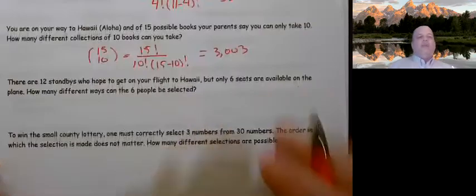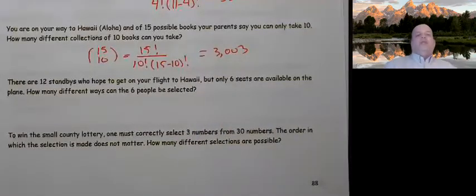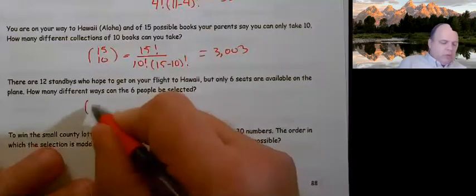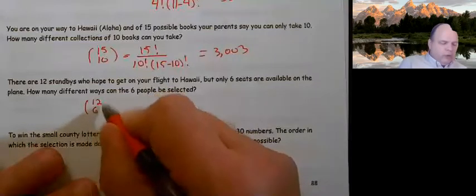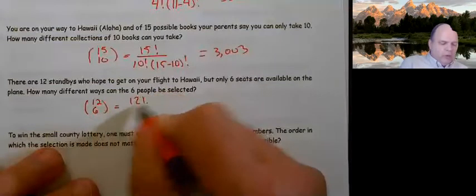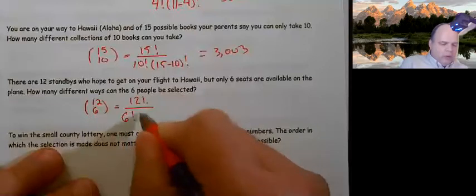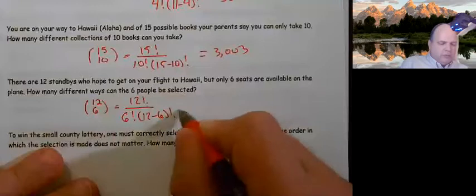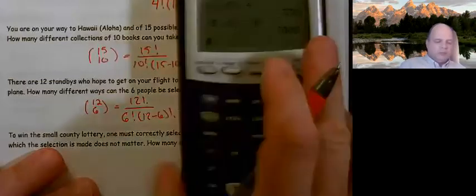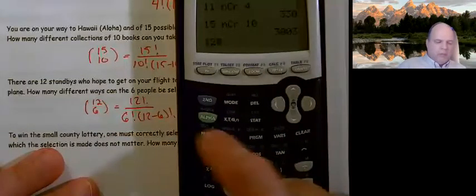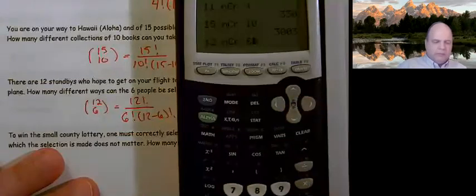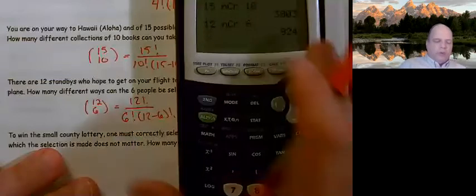There are 12 standbys who hope to get on your flight to Hawaii, but only 6 seats available. How many different ways can the 6 people be chosen? Well, 12 choose 6. So this is going to be 12 factorial over 6 factorial times 12 minus 6 factorial. 924.